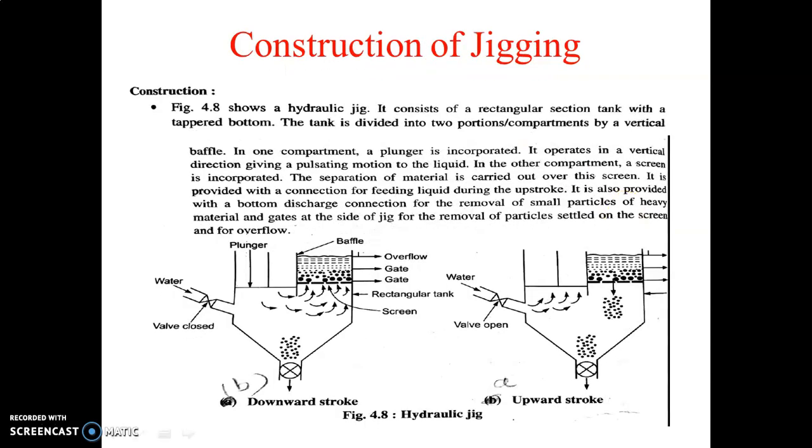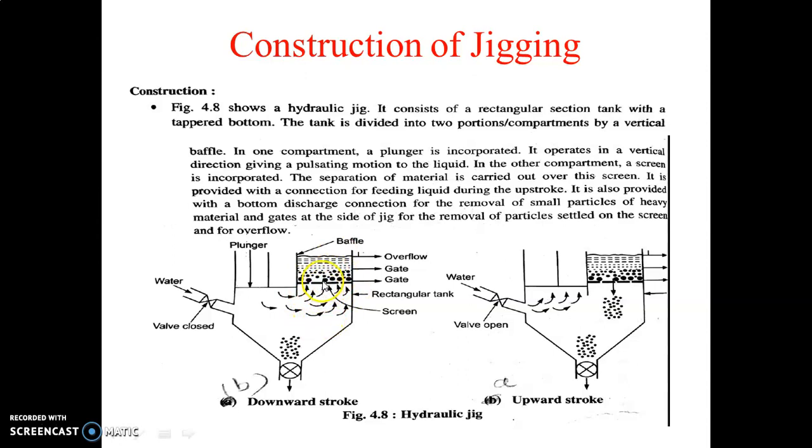So this is the upward stroke, and during the downward stroke this water valve is closed, so the plunger is acting in a downward direction. The water present here goes to this screen, and the material flows on the screen.